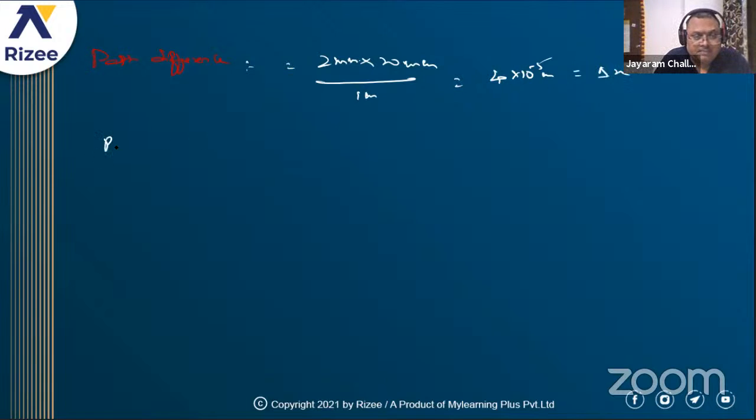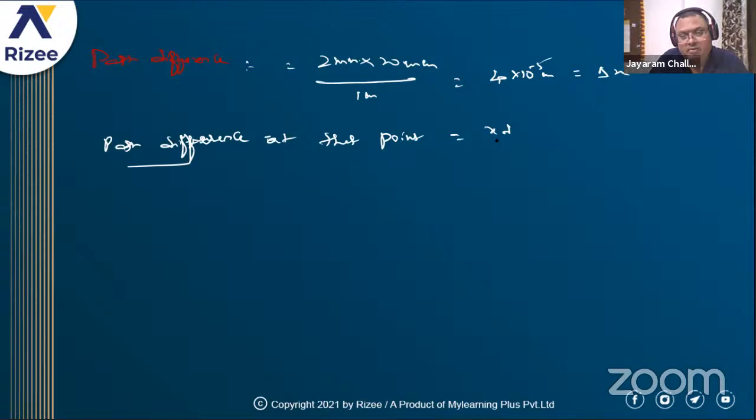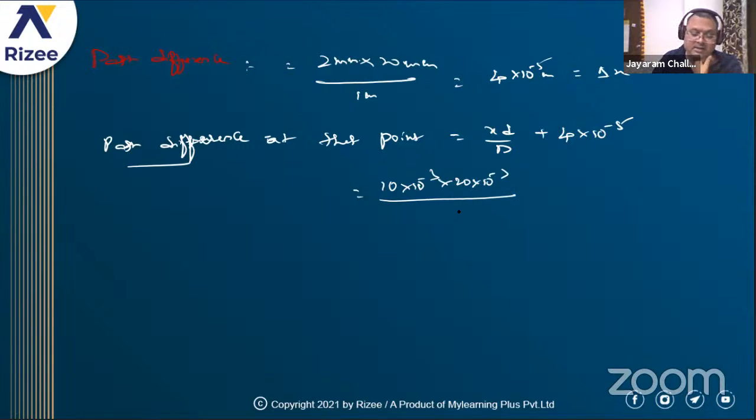For the same case, the path difference at that point is equal to x into d by capital D plus this extra path difference, 4 into 10 to the power of minus 5. This can be solved as x value is 10 mm, 10 into 10 to the power of minus 3, and d is 20 mm, 20 into 10 to the power of minus 3, with the remaining distance being 2 m.